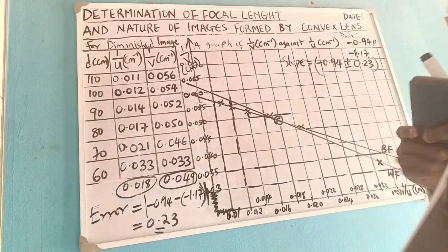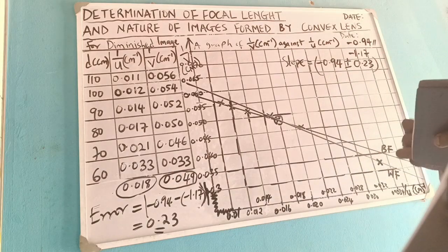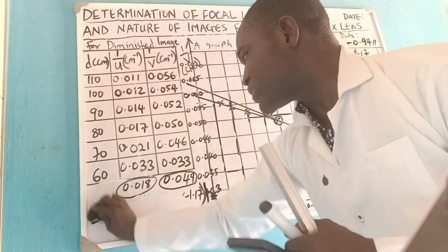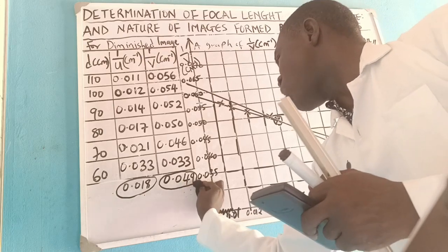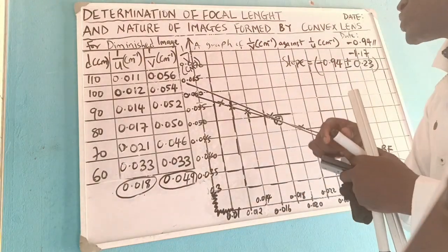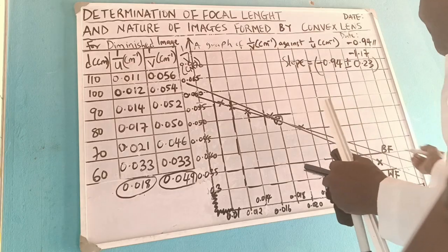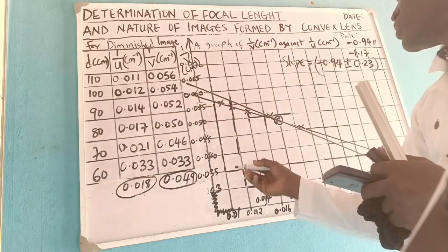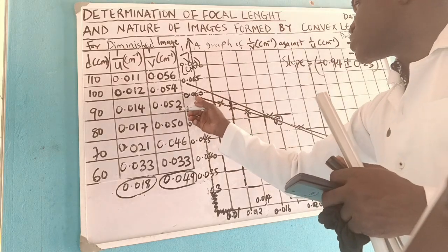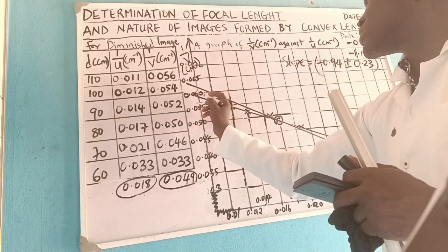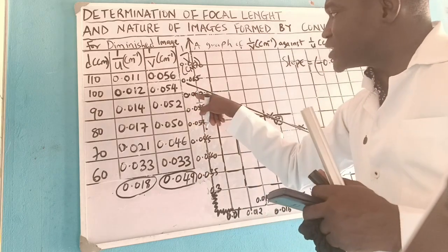Then the next on our list is to find our intercept. How do we get our intercept? Intercept means where it meets the vertical axis. For the line of best fit, the intercept there is about 0.058, where it meets your y-axis.